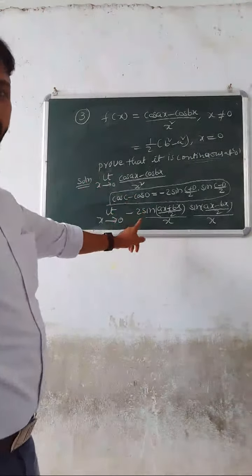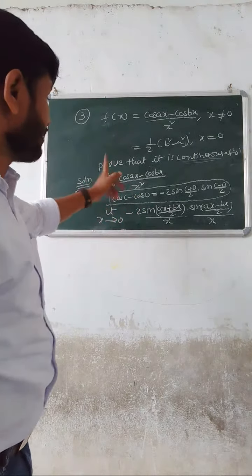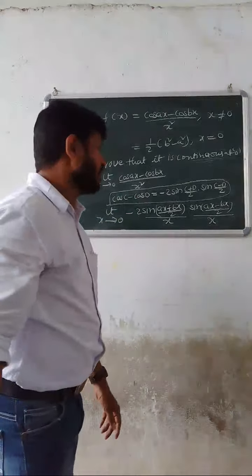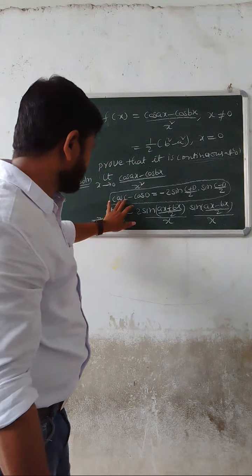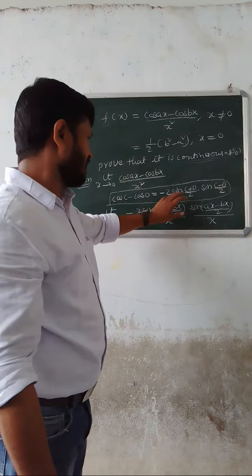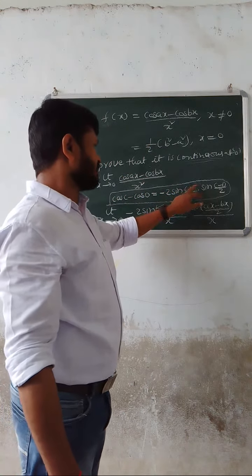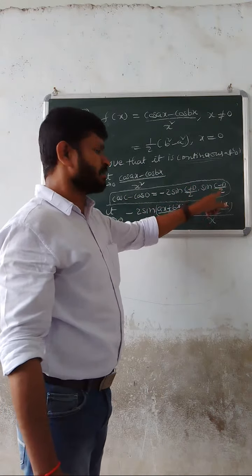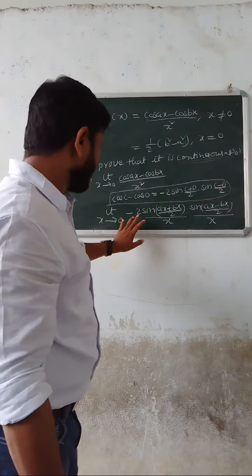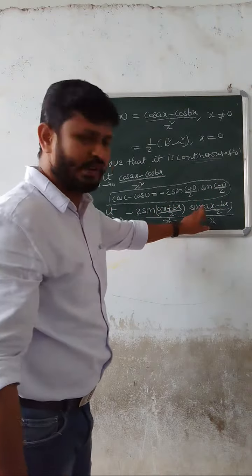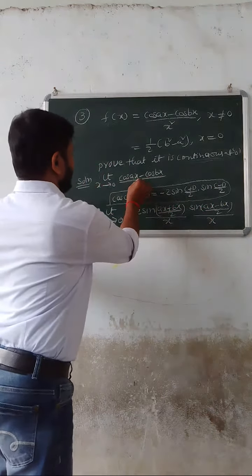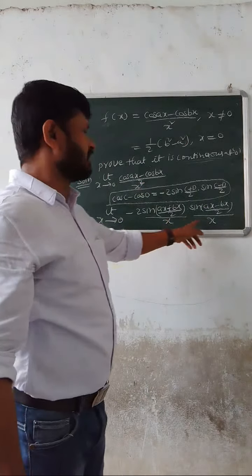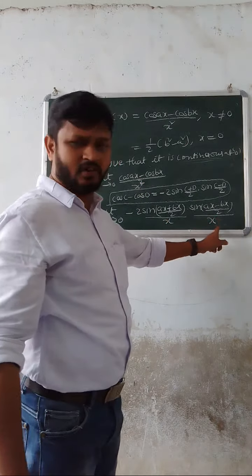That is a major step in this question, students. Just observe and follow carefully. Cos C minus cos D is equal to minus 2 sin((C+D)/2) sin((C-D)/2). That is the formula, so I put it here. And x² can be written as x into x, so we split it as x into x.